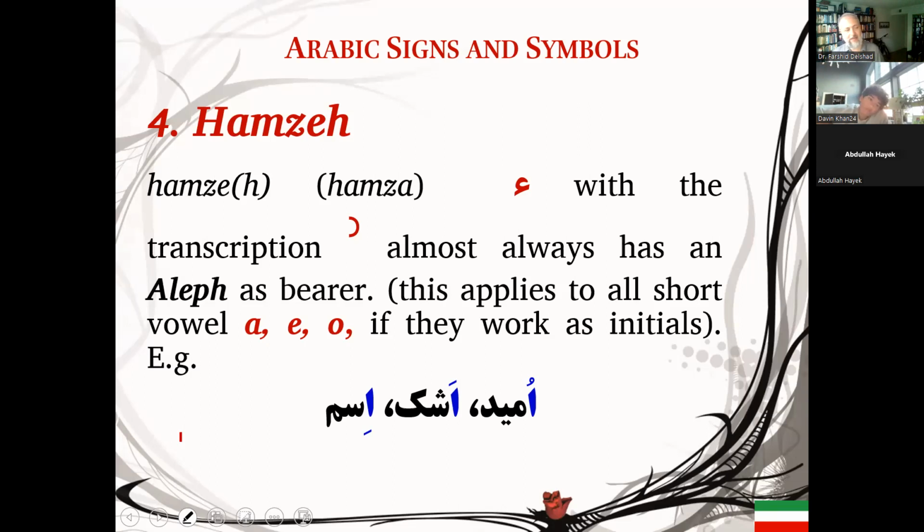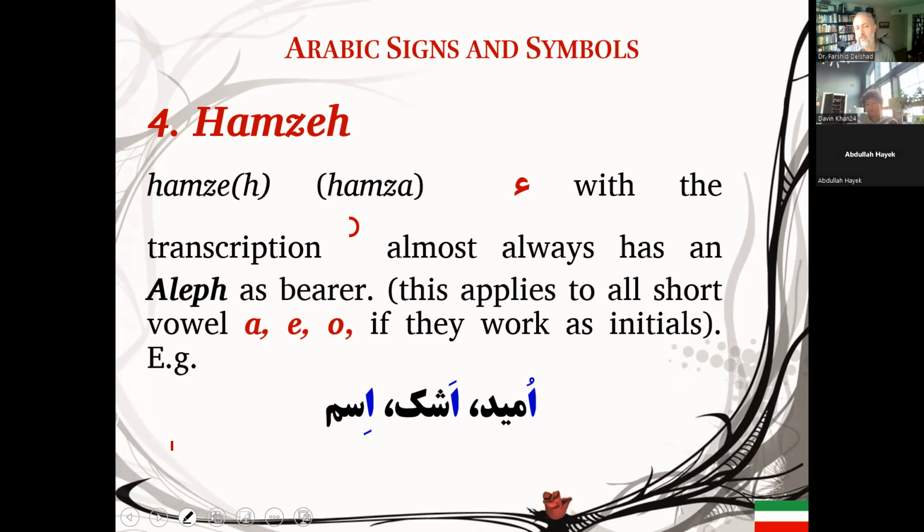For example, if you have a name or a short glottal stop at the beginning, you might have this aleph with a hamzah above. But in Persian, at least during the last couple of hundred years, we do not use this hamzah anymore at the beginning.